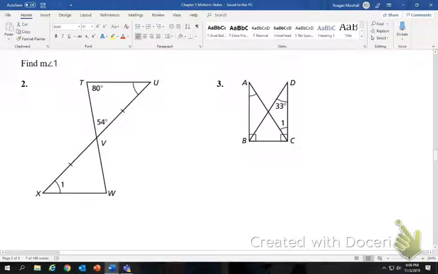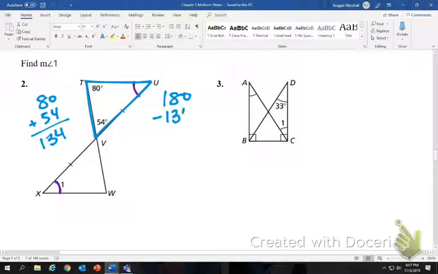The last says find the measure of angle 1. So what's important is that you look at angle 1 and it has this arc. This means congruent. So it means angle 1 is congruent to angle Q. If you notice, angle Q is inside of a triangle where you already have 2 of the angles, and you could very easily find the measure of angle Q. So we're going to add them, which makes 134, and then subtract them from 180, because we already have 134 degrees in the triangle.